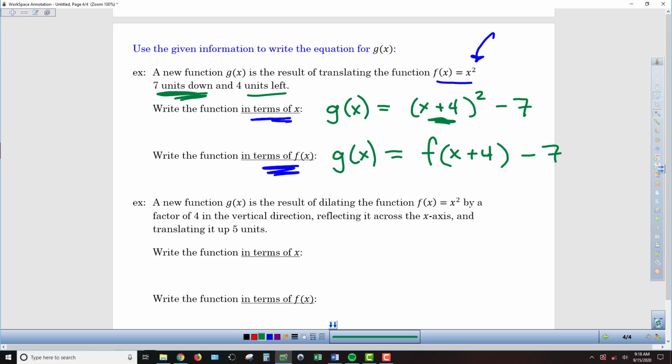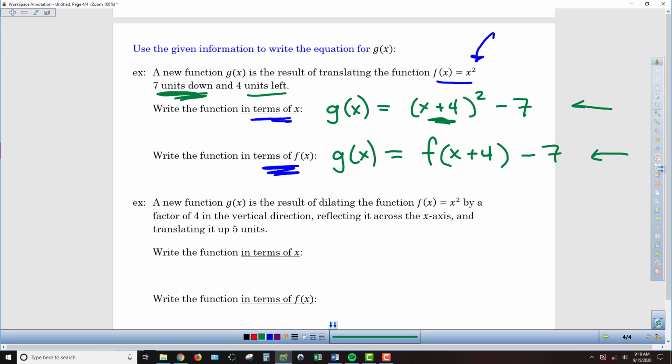So again, in this format here, the idea is we might be affecting any of a number of different types of functions in the exact same way, translating it to the left 4 and down 7. Here, it's very specific to a parabola.